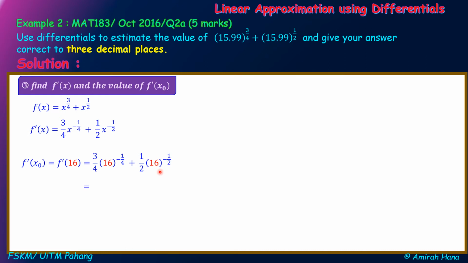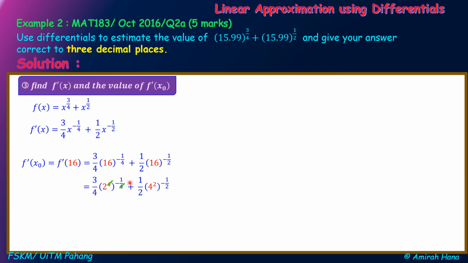If we solve without using a calculator, we can write 16 here in the form of 2 to the power of 4, so that we can simplify with the exponent negative 1 over 4 here. And the other 16 we can write as 4 squared, because we want to simplify with the power of negative half here.